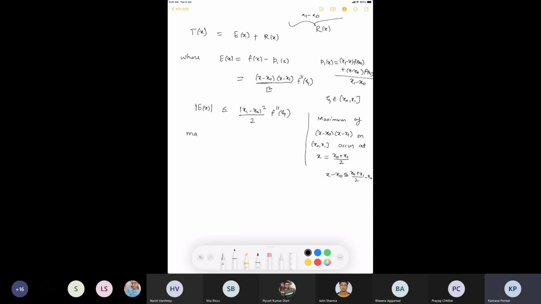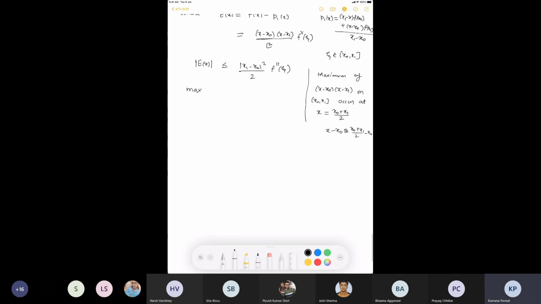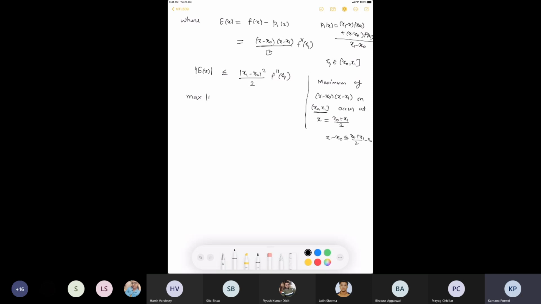Or I can say that, if I call the distance between the two points, that is the length of this interval, as h, let me use it and then I'll write it. So I can say that the maximum of Ex is less than or equal to h squared by, sorry, I will get a factor of, I already have the 2, and then I will get 1 by 2 from here and 1 by 2, so this is going to be 1 by 8.